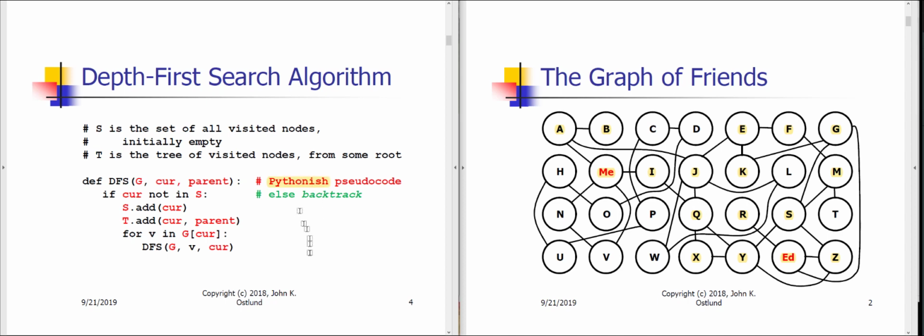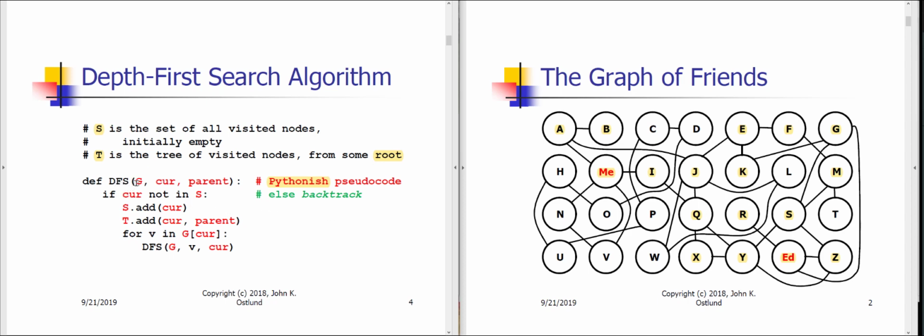Okay, so let's take a look at some almost working code for depth-first search. This is not quite working, but it's close. We have S, our set of nodes that we have visited. Of course, that starts as an empty set. We also have T, which is the tree of nodes that we have visited, starting from some root that we select. Here again, the tree is initially empty. And here's our depth-first search algorithm.